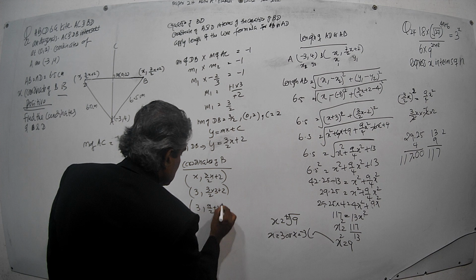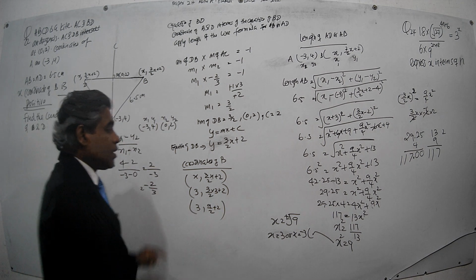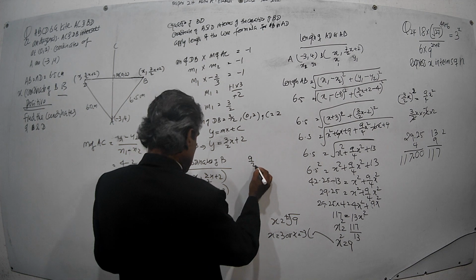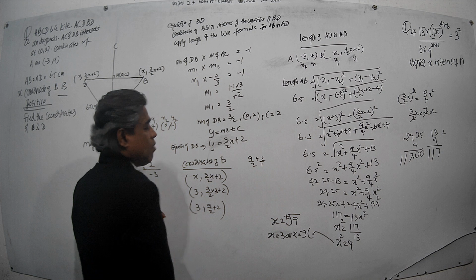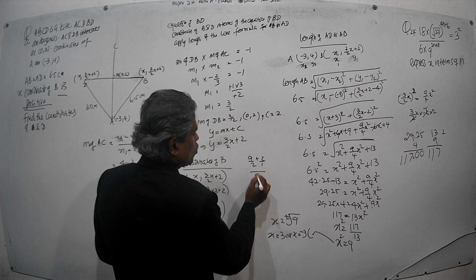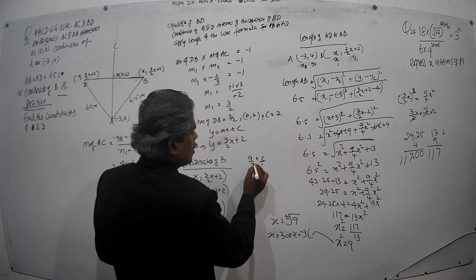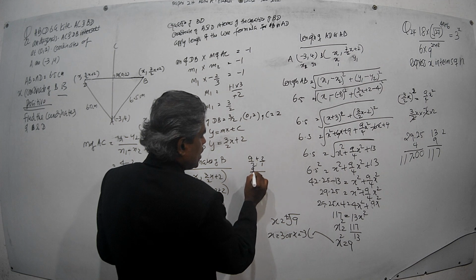Then plus 2. Okay, then you can further simplify this, 9 over 2 plus 2. Here you take the denominator 1 and find the LCM, that is 2. 2 times 1 is 2, then 9 multiplied by 1 is 9.